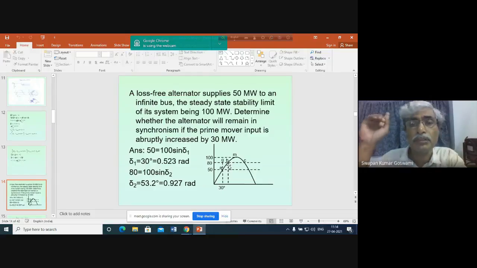The generator rotor must complete deceleration and must regain synchronism before point C is reached. Why are we saying this? Because if the generator rotor cannot regain synchronous speed at this point, and it crosses this point, then again the input line will be greater than the output. So again the rotor will accelerate.